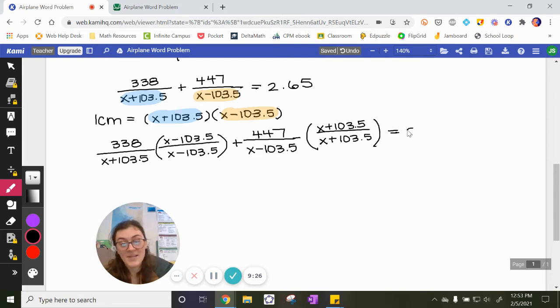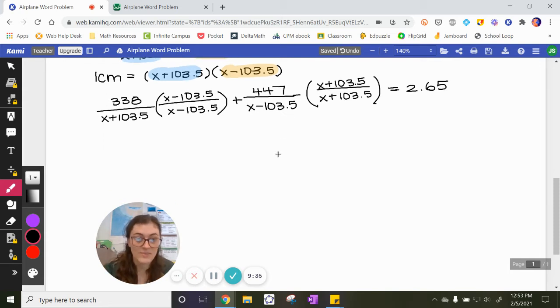Okay, I'm going to use method 1 that we talked about in class, where I'm just going to look at the left side and then cross multiply. If you like method 2, obviously you can use method 2, but I'm just going to use method 1. So when I multiply this numerator out, I'm going to end up with 338x minus 103.5 times 338, which is 34,983.